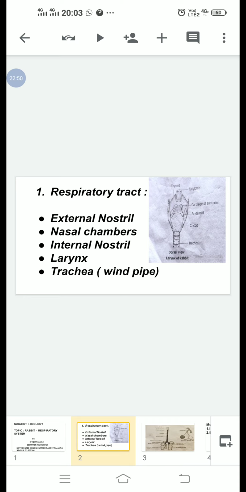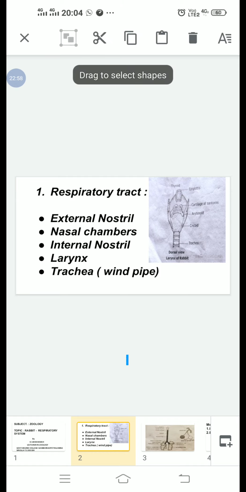The nasal chamber has three functions. The olfactory epithelium of the nasal chamber functions as the olfactory receptor, the organ of smell. The chamber also functions as an air conditioner to bring the temperature of the inhaled air up to that of the body.